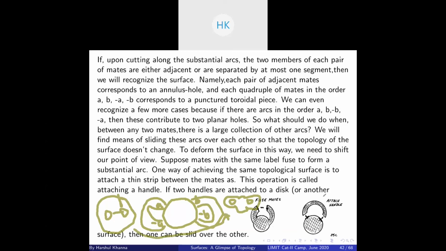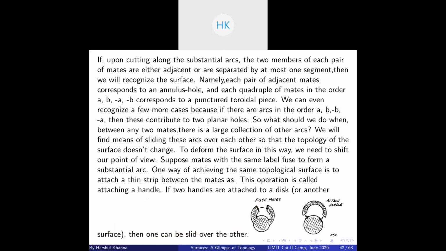So everyone sees why attaching the handle will give us the same surface as before, because we just separated along a substantial arc and we will just paste back those arcs in the same orientation, and because it is orientable, we will have, yeah. Anyone has any doubt?